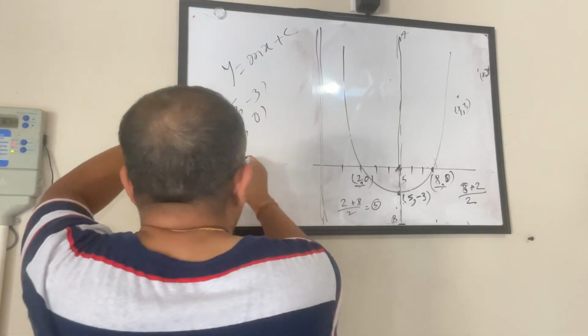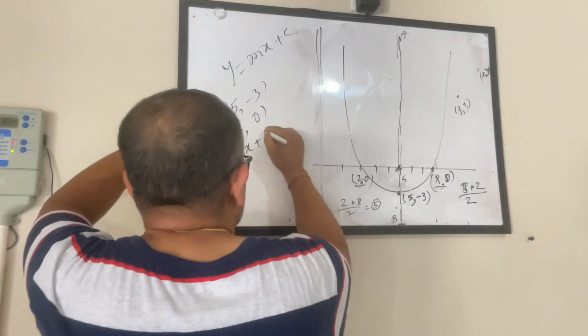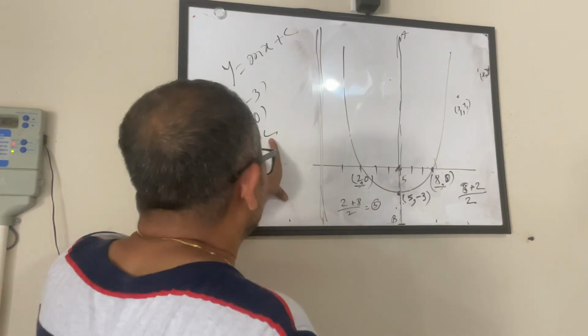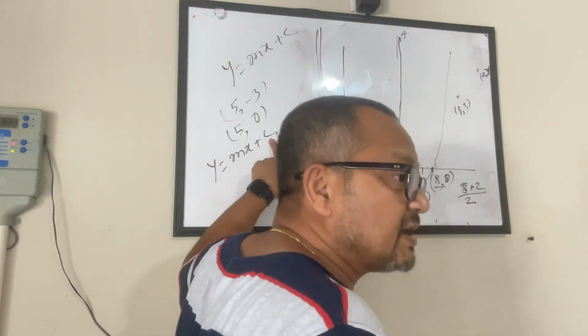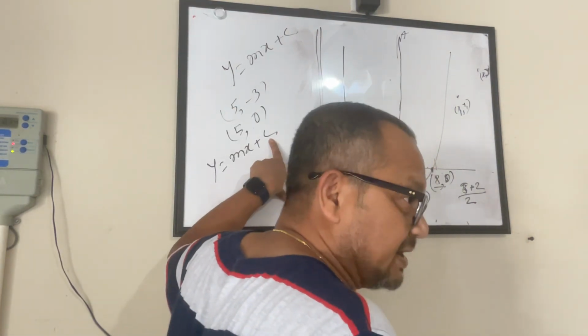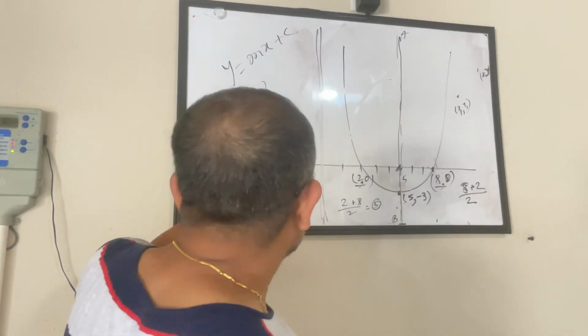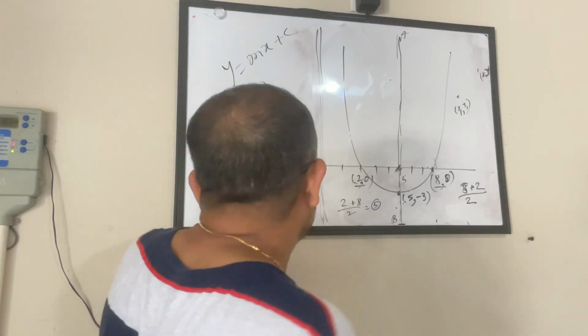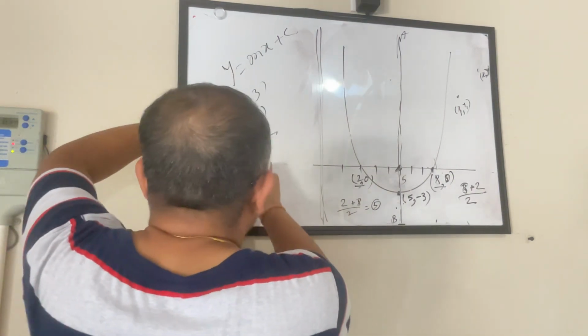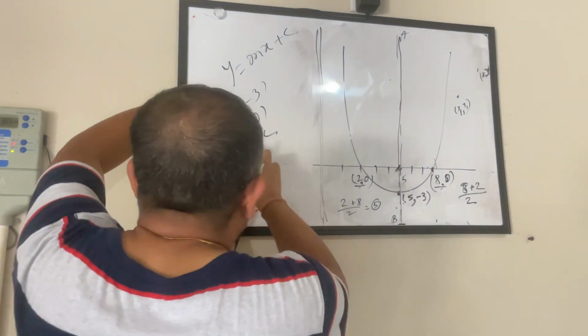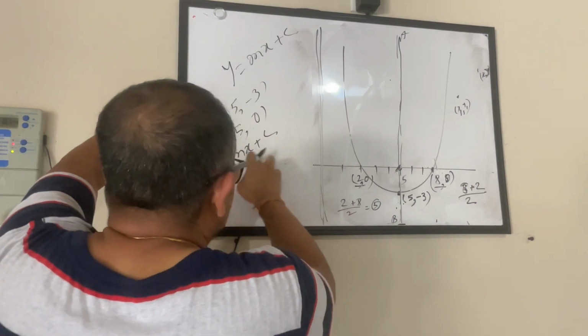Now what we have to do, y equals mx plus c. Let's find out the value of c. Again, c is nothing but the y-intercept, meaning whenever I put the value of x as 0. Now let's put the values of x and y in this equation.